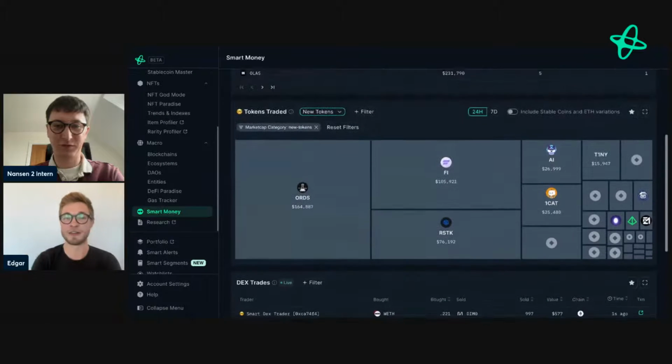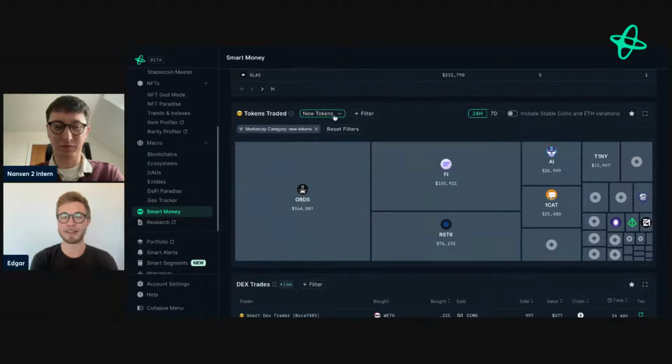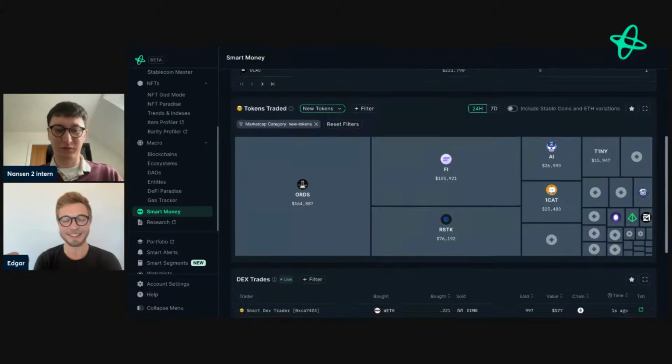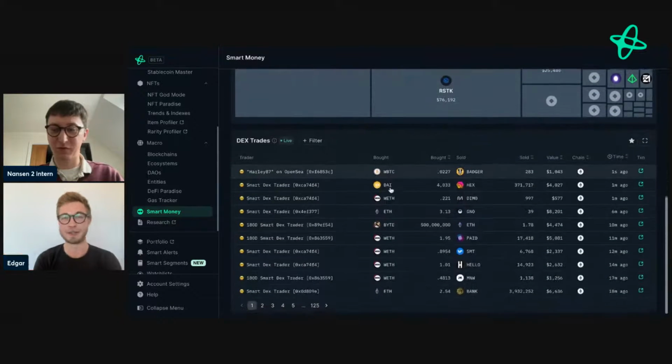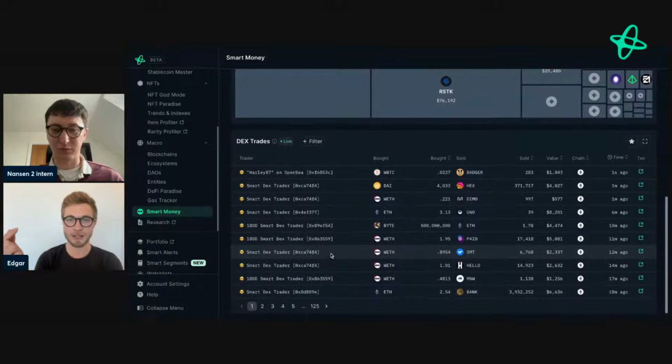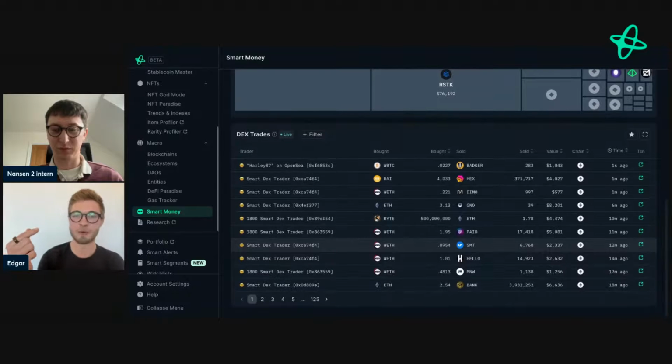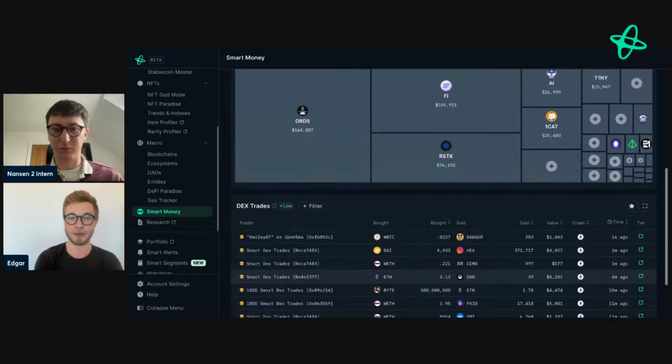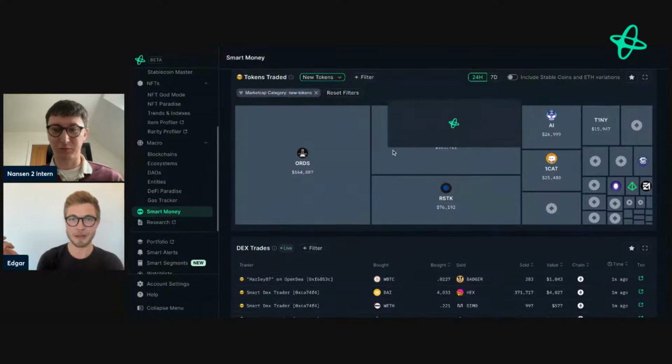For him or her, following the live DEX trades is a great tool, because you see it as it's happening, who is buying what, when and how. And now if you scroll through those tabs here, you can start forming some sort of idea of which tokens are being bought at this very moment.